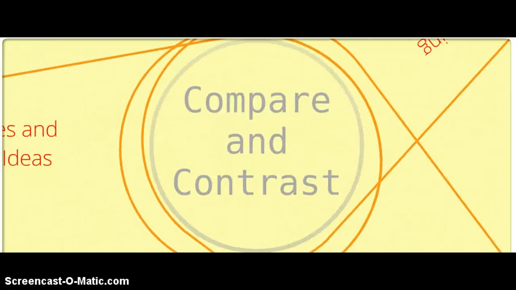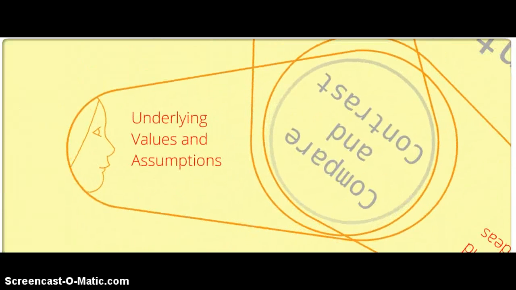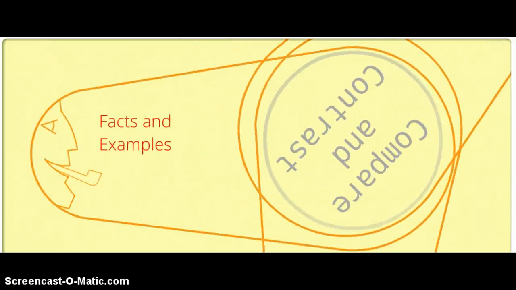As you compare and contrast the different perspectives in each text, particularly consider how the theses of each text differ and what commonalities and contradictions you see in the ideas of each text. Also, consider what similarities and differences you see in the authors' underlying values and assumptions, as well as where there might be overlap in each author's use of examples and terms.